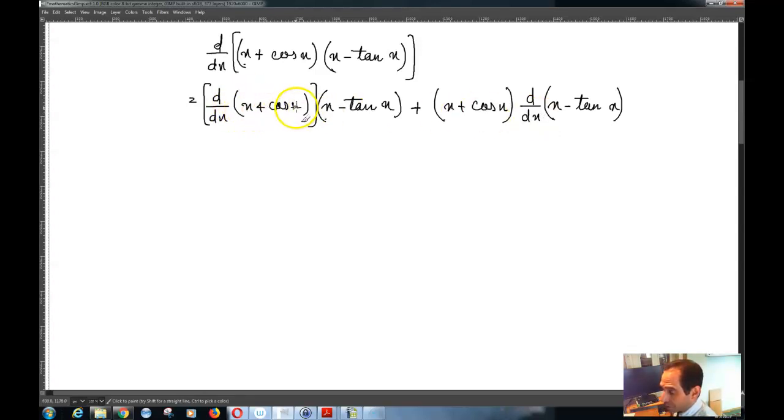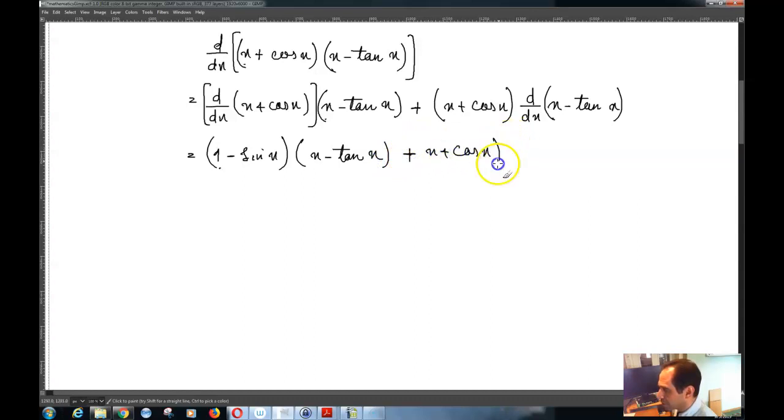So d by dx of x plus cos x is 1 minus sin x, times x minus tan x, plus x plus cos x times 1 minus the derivative of tan x, which is, I suppose, secant squared x or something like that.